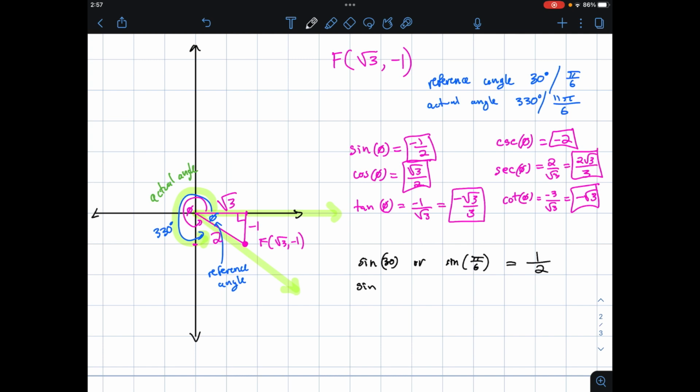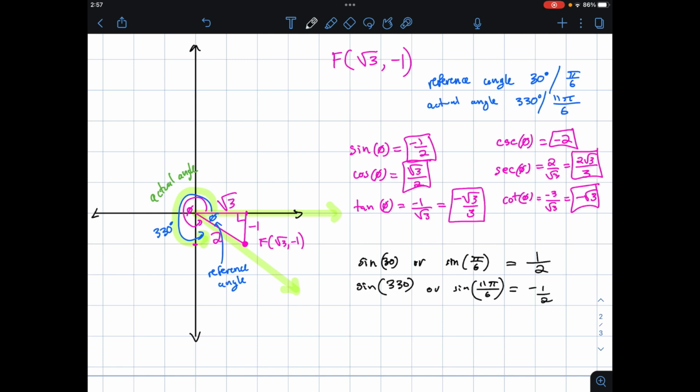Now type in sine of 330 degrees or sine of 11 pi over 6 radians. And let's see what we get there. I'll do that myself. 11 pi over 6. And we get -1/2, just as expected. And so on and so forth.